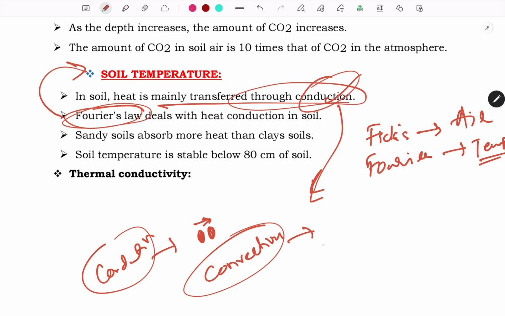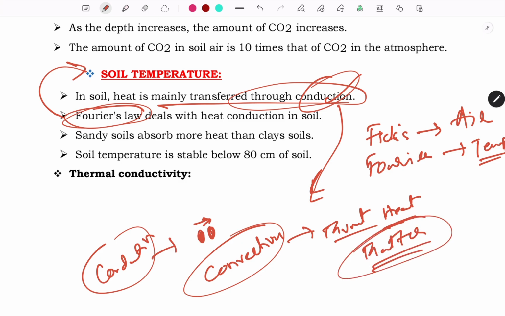Convection is a movement of heat by actual movement of matter. Here, the movement of matter itself takes place. Conduction is a direct transfer of heat energy. In case of convection, the matter moves from one place to another.